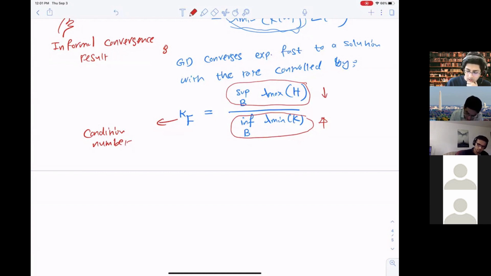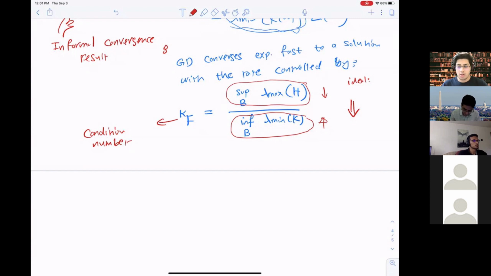So ideally, if we have a genie, our wish would be for this condition number to be small, right? If this condition number is small, then we can show the convergence of gradient descent to a global optimizer with a pretty fast convergence rate.